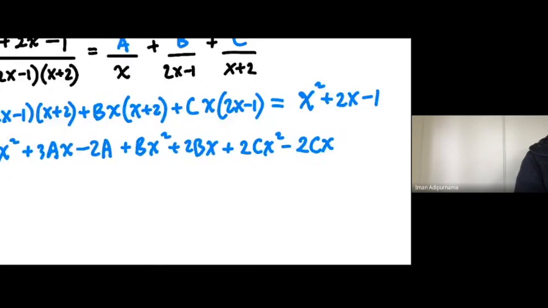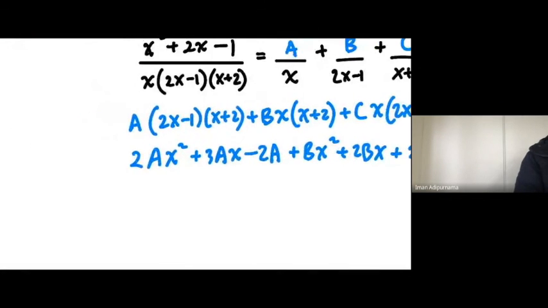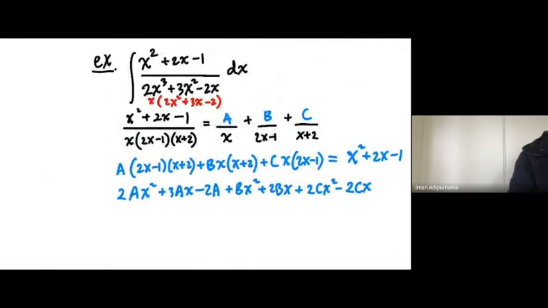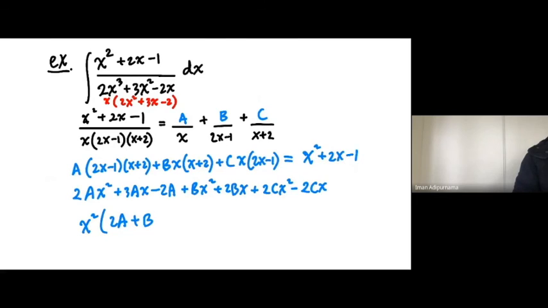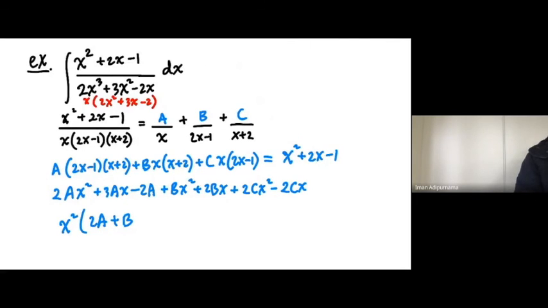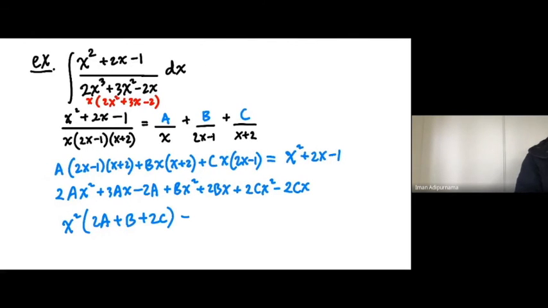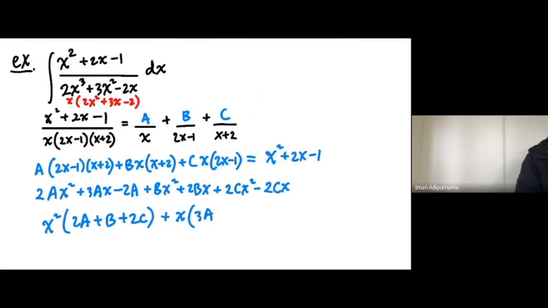Let me keep now grouping all the variables. So x squared is 2a plus b plus 2c. And then plus x is 3a plus 2b minus 2c.